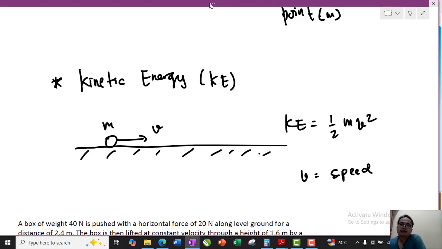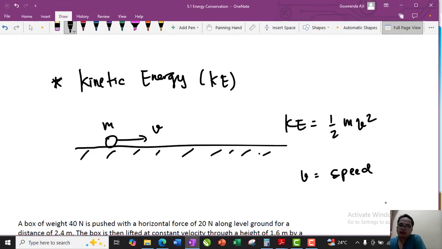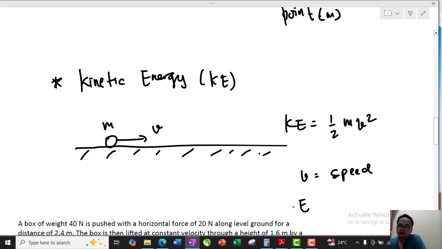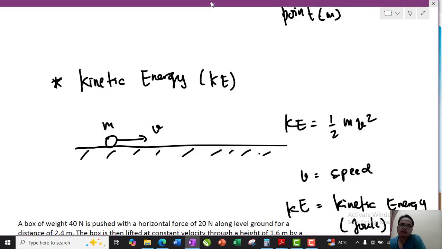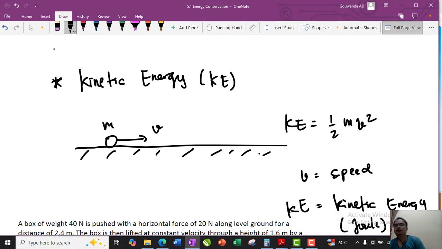Okay, and the unit of KE, kinetic energy, is joule. All units of energy are joule, but sometimes you can use calorie, or kilowatt hours.